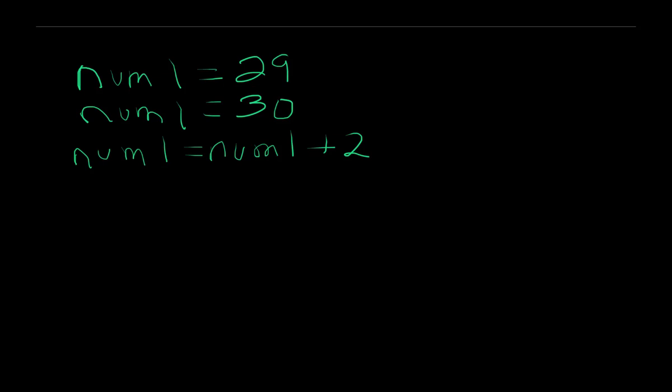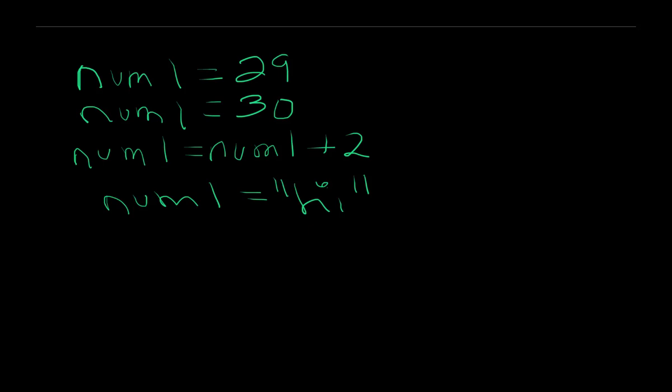In Python, however, Python is not a strictly typed language, so we could actually say that num1 is now going to be equal to some sort of string, and Python will not give us an error. Python will not care that we've done this. Other languages, you would get an error. But in Python, and we're going to do this a ton, you're going to start with a value in a variable, and the value of that variable may change over time.